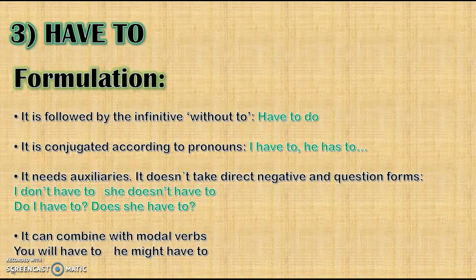For example, I have to, he has to. It needs auxiliaries and it doesn't take direct negative and question forms. As an example, I don't have to. She doesn't have to. Do I have to? Does she have to? And finally, it can combine with modal verbs. You will have to, he might have to, right?